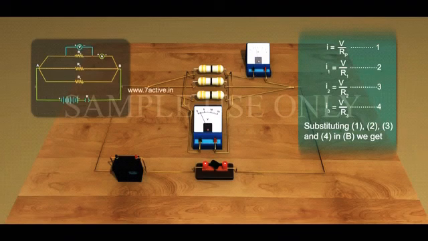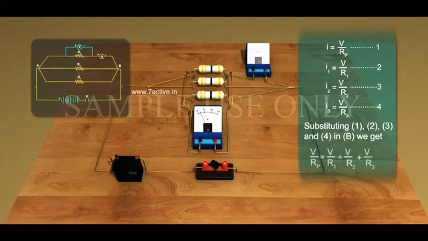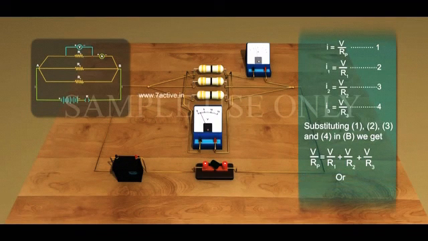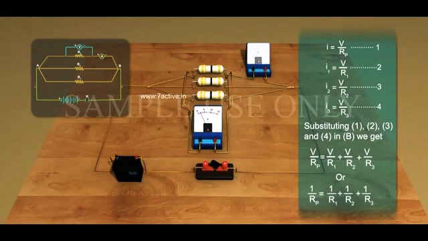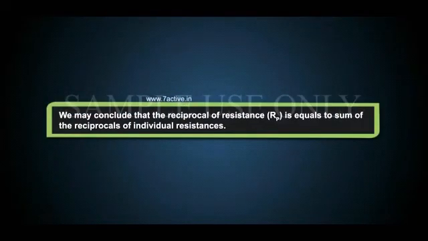Substituting 1, 2, 3 and 4 in B, we get V by Rp is equal to V by R1 plus V by R2 plus V by R3, or 1 by Rp is equal to 1 by R1 plus 1 by R2 plus 1 by R3. We may conclude that the reciprocal of resistance Rp is equal to the sum of the reciprocals of the individual resistances.